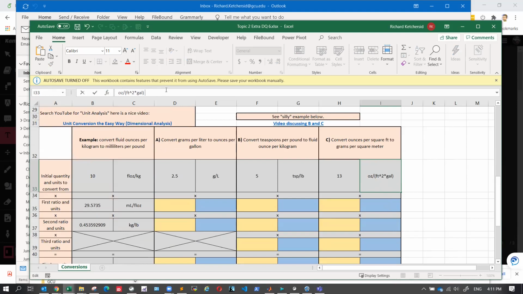And just to make sure that we understand this, this would be the same as this per feet squared per gallon. Those two units would actually be the same. This is really just algebra. This would also be the same as ounces per gal per feet squared.